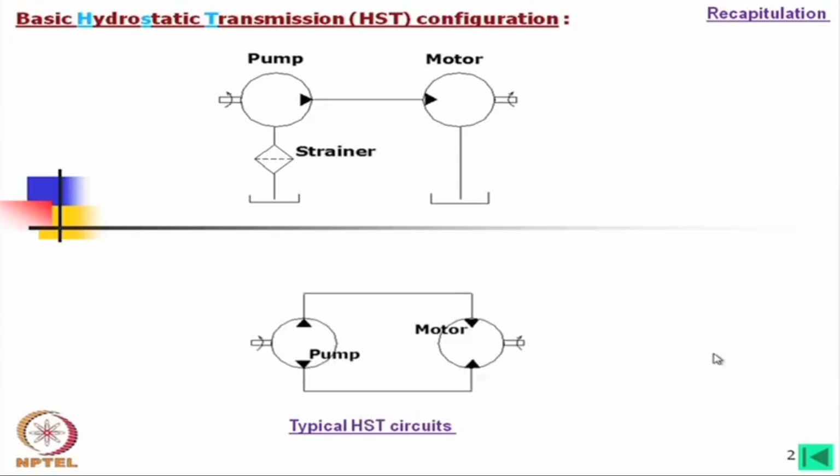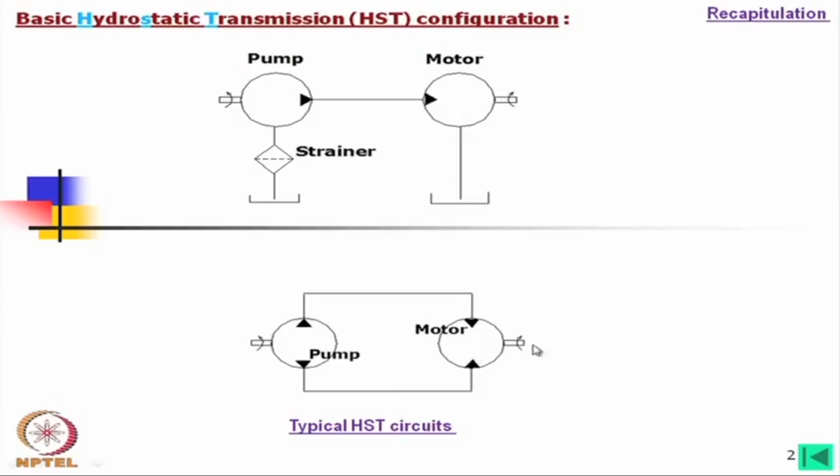It is also possible that instead of using that reservoir, we can drive this pump, which can be rotated in both directions by some arrangement, and that is driving a motor, and depending on the direction of flow, that motor will rotate in both directions.